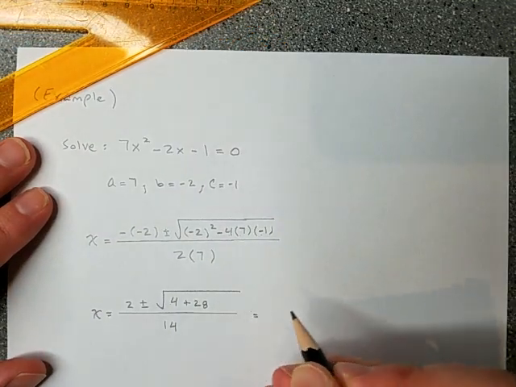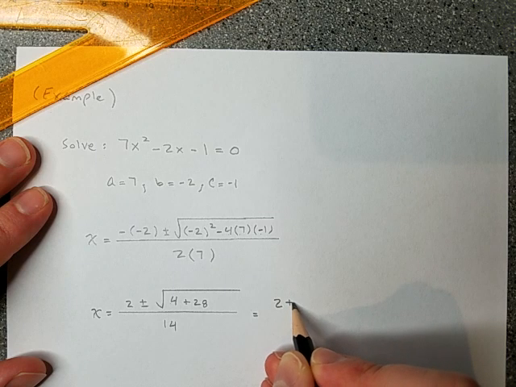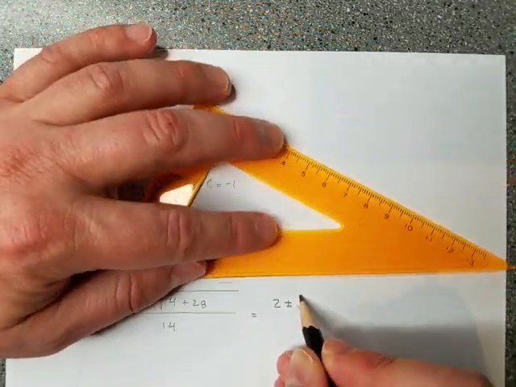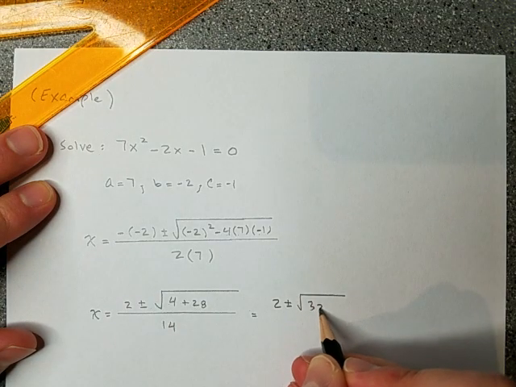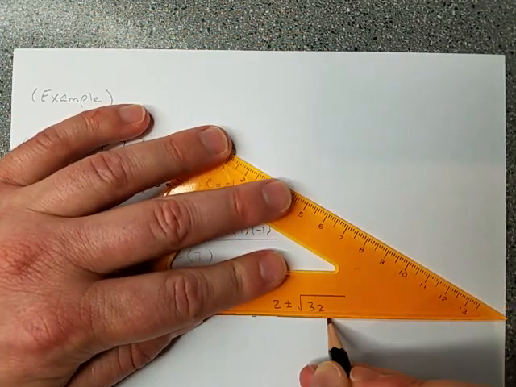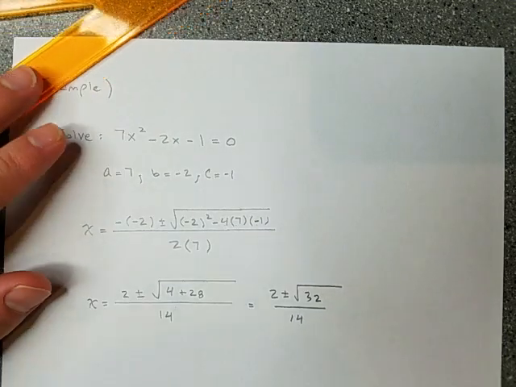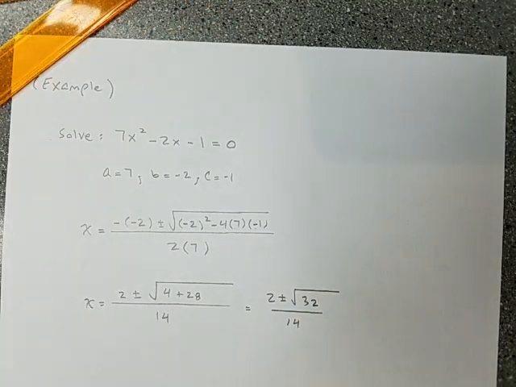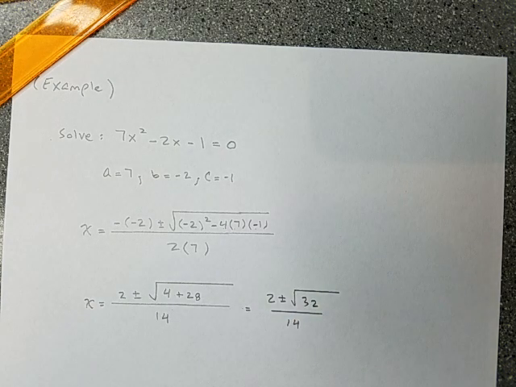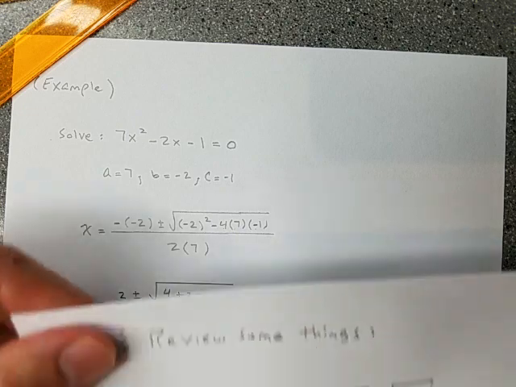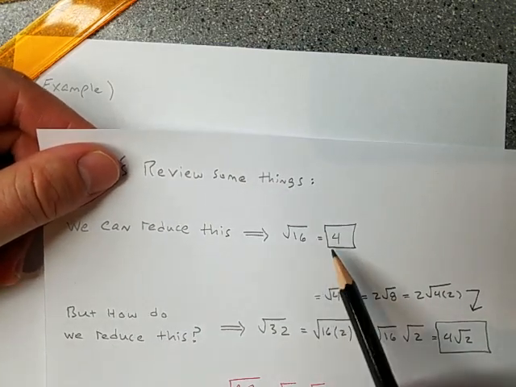So I'm getting a little bit closer. 2 plus or minus root 32. Now maybe you can see why I reviewed something just a minute ago. What's root of 32? Is root of 32 a nice whole number, a nice round number? It isn't. It's not like root 16.